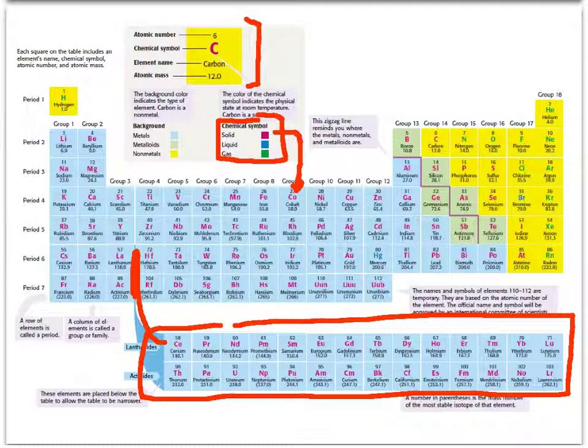The other thing you'll notice is there's 3 main categories that we find on the periodic table: metals, metalloids, nonmetals. All the way from here over here we find the metals. Then along this line right here we find what are known as the metalloids, and they share characteristics of both. And then over here we find the nonmetals.